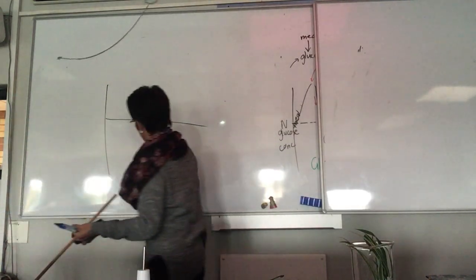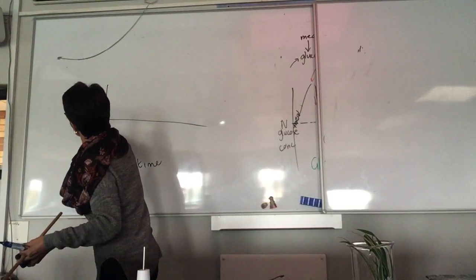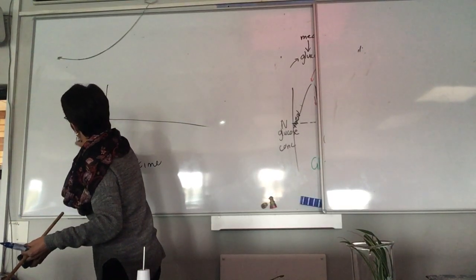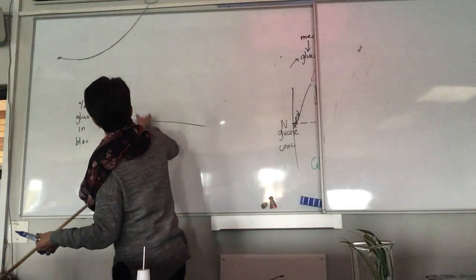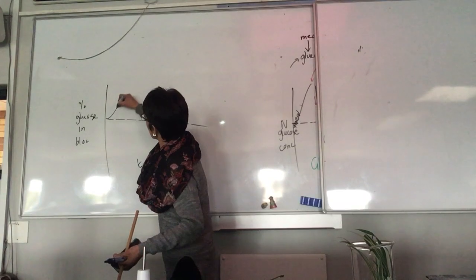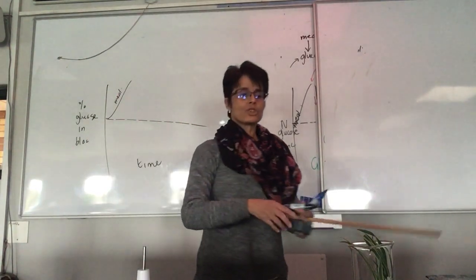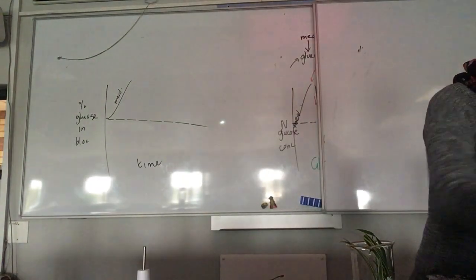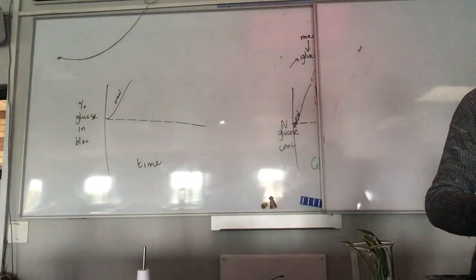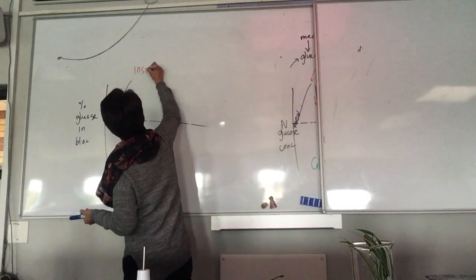Okay, so we've got time on the x-axis, and we've got percentage of glucose in the blood. So glucose fluctuates around an average. If you eat a meal, the blood glucose is going to increase. So then there's too much glucose in your blood, so therefore the hormone insulin is going to be secreted by the pancreas.